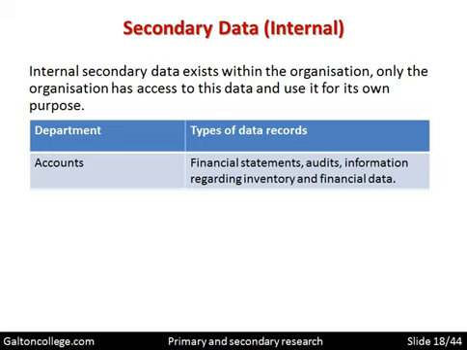For example, the accounts department will have financial statements and audits and information regarding inventories and financial data. Now this could be picked off the computer, perhaps it's held in a database, and processed by some statistical package, perhaps the Statistical Package for the Social Sciences, which is known as SPSS.